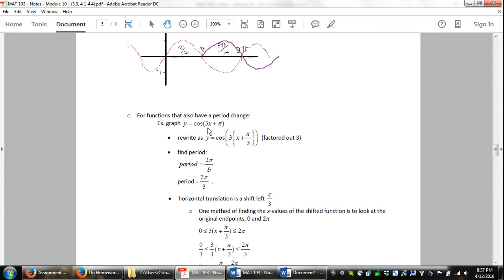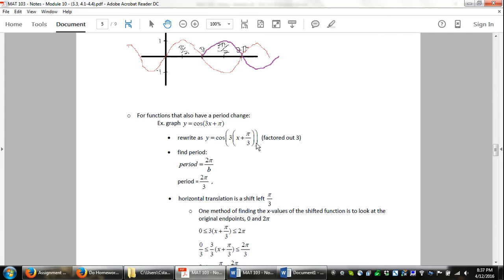If I'm going to factor 3 out of each of these terms, it's really easy with the x. I just put a parenthesis right there. But what I'm doing when I'm factoring out something is dividing that term by it. So I divide 3x by 3, I'm left with just x. If I divide pi by 3, I'm left with pi divided by 3.